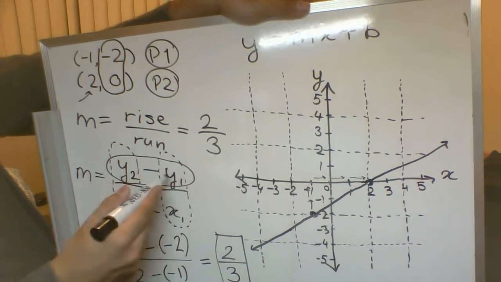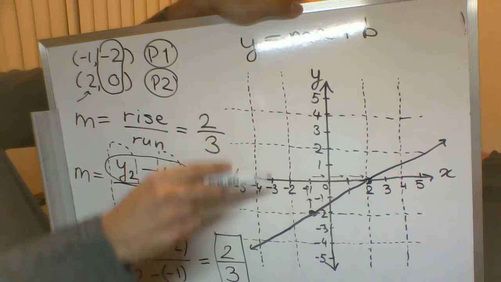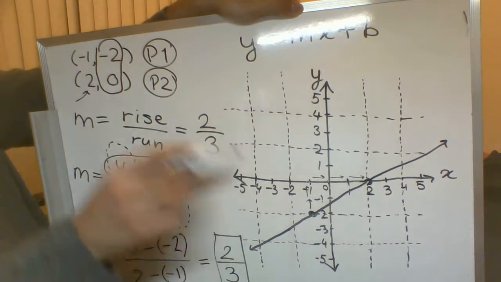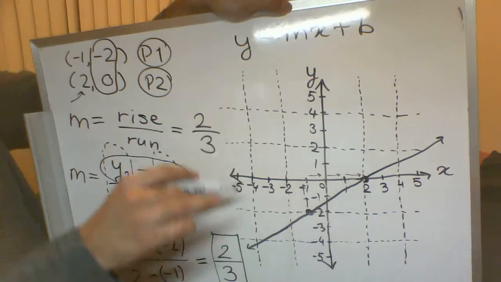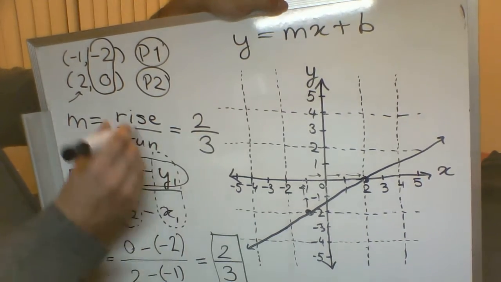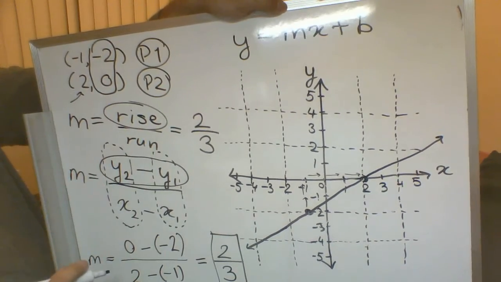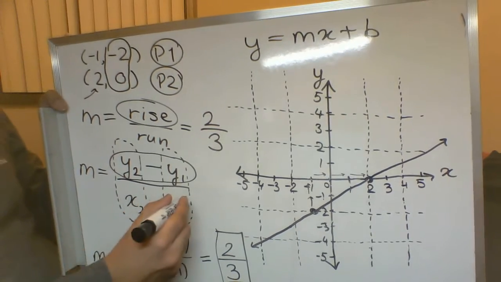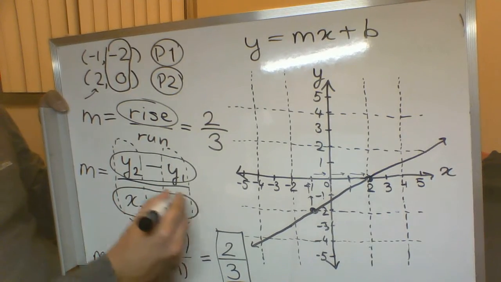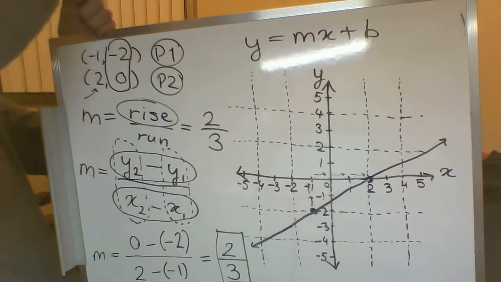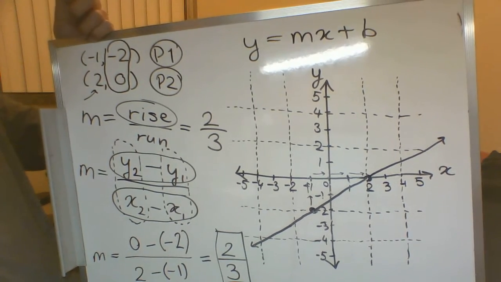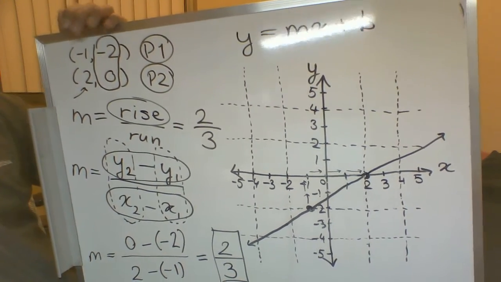So if we compare the two y values, that's only talking about how high or how low something is on the graph. So that's talking about the rise. Now, if you look at our x coordinates, well, the x coordinates don't get any say in whether something is moving up or down. They only care about whether things are moving left or right.